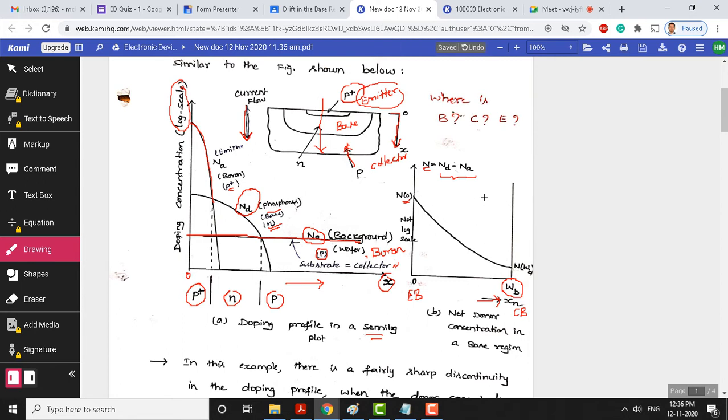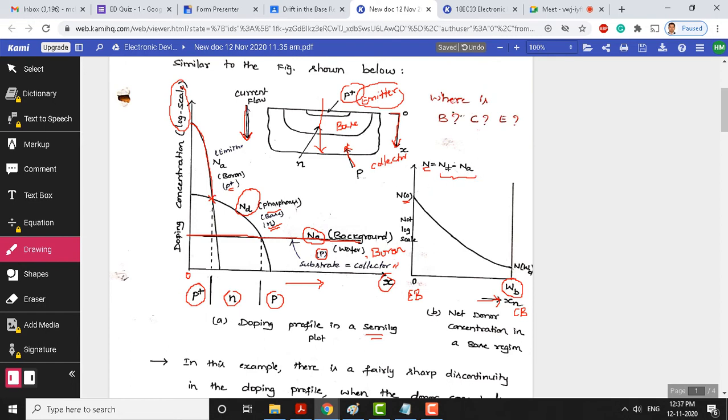So how do you analyze it? Why does N keep decreasing here? It all depends on this difference, Nd and Na, the donor ion concentration and acceptor ion concentration. If you look towards this region, the effect of this Na base material keeps decreasing, so it is very small here.